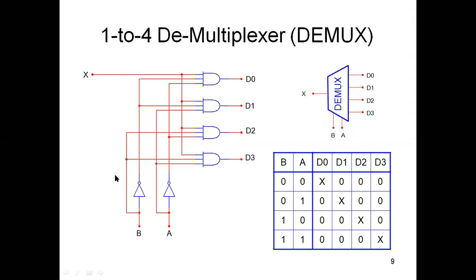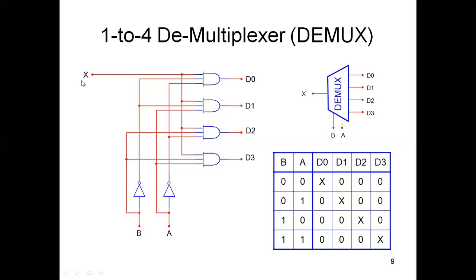Now take X is equal to 1 and A is equal to 0 and B is equal to 0. So A is complemented here, that is A is 1, B is complemented, so B is 1, and X is equal to 1. So 1 into 1 into 1, so the D naught value is 1. Is it clear?